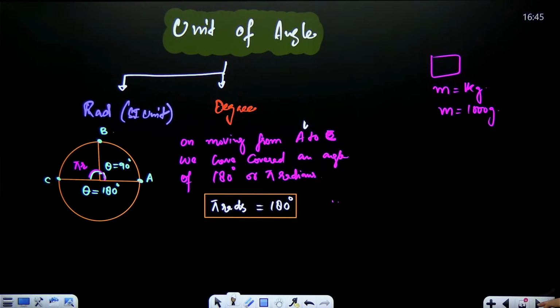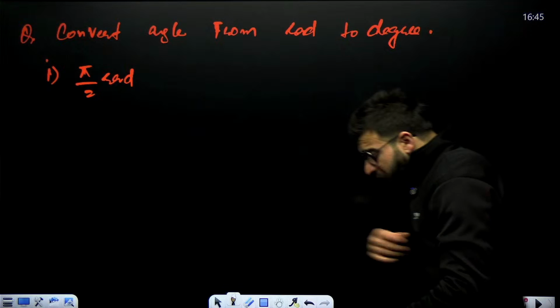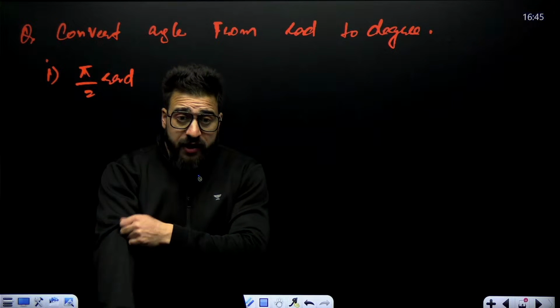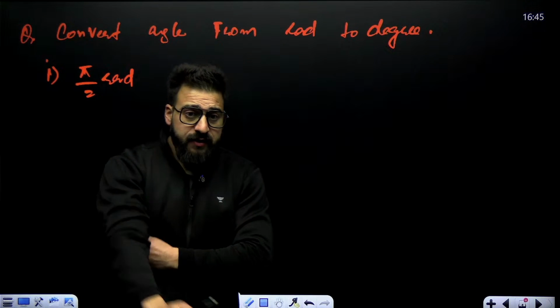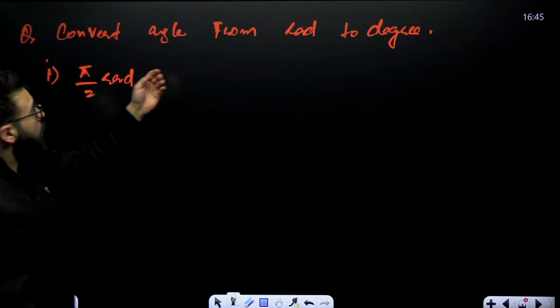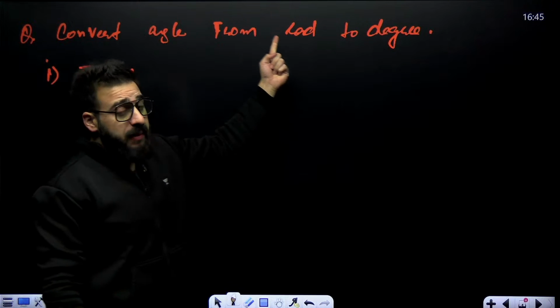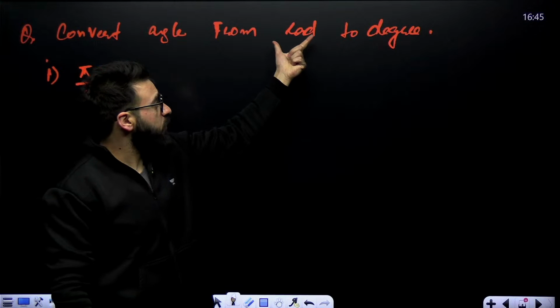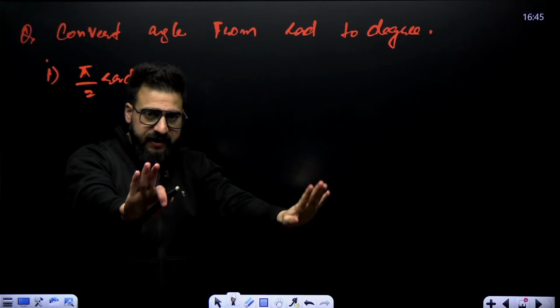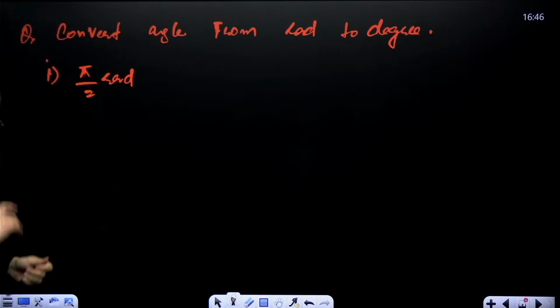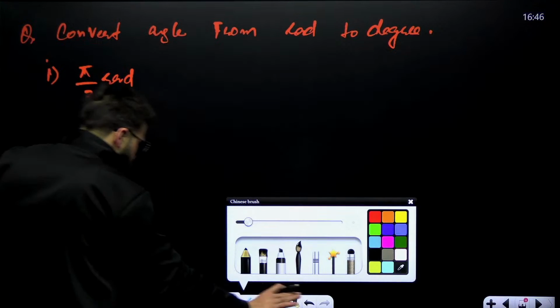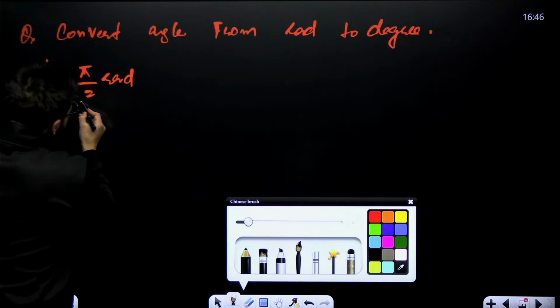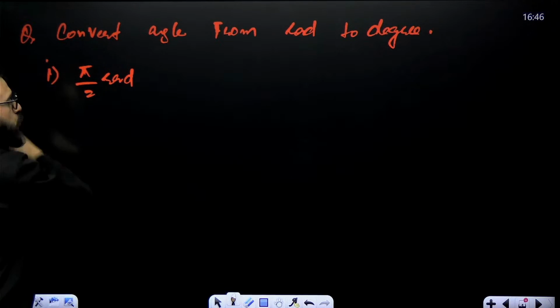Okay. Now, guys, let's now understand the conversion of angle from radian to degree. Listen to me very carefully. We are given over here pi by 2 radians.